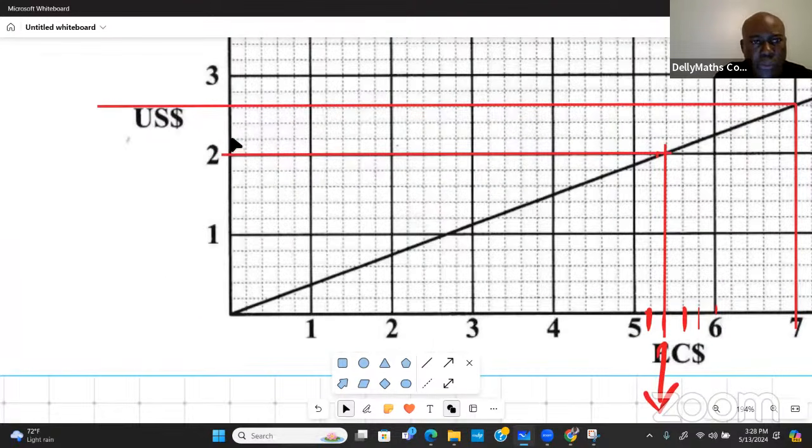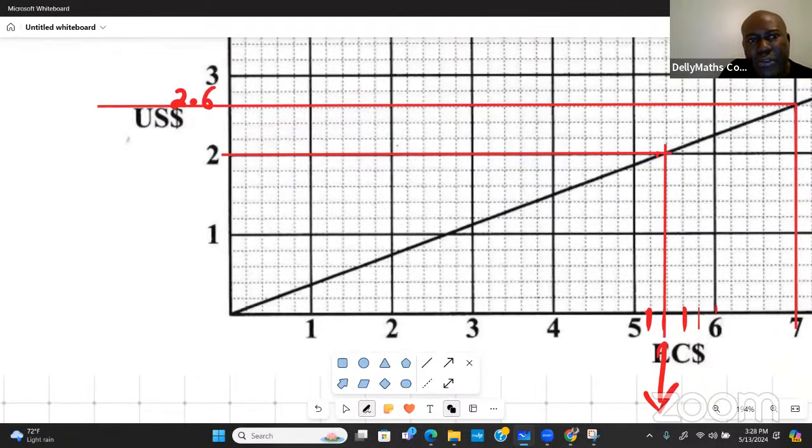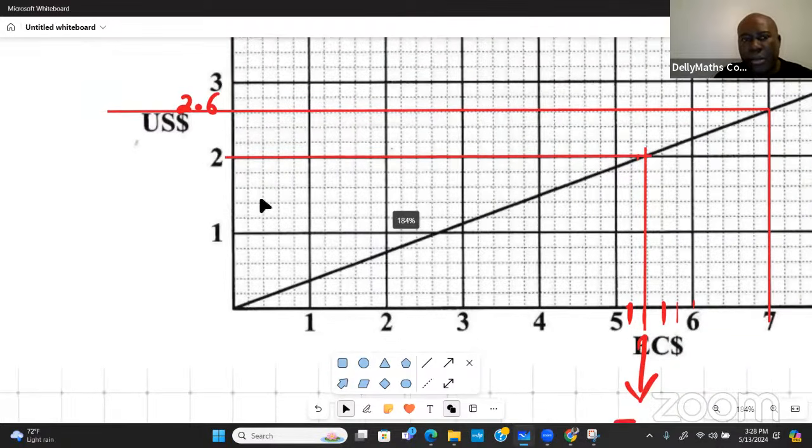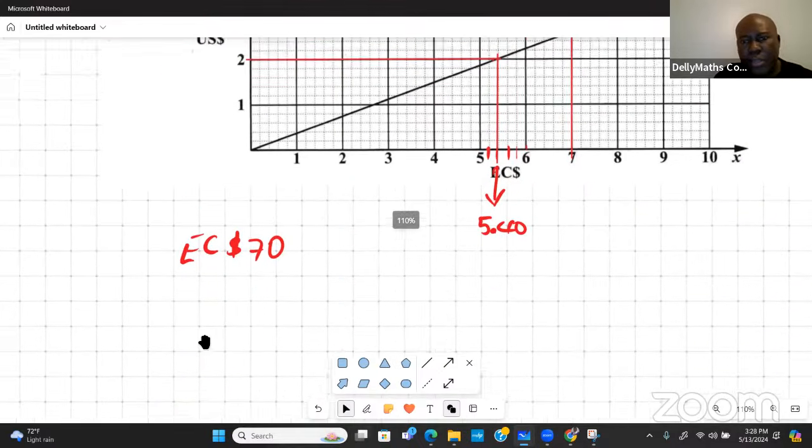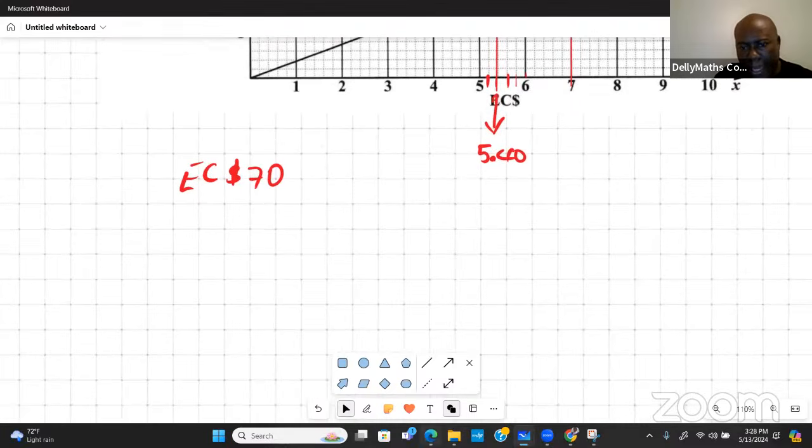So this is 2.2, 2.4, 2.6, right? So right here, this line came across at 2.6. Therefore, we are able now to make that link. So 7 came across at 2.6, and we're going to be using that. So let's go back to this.